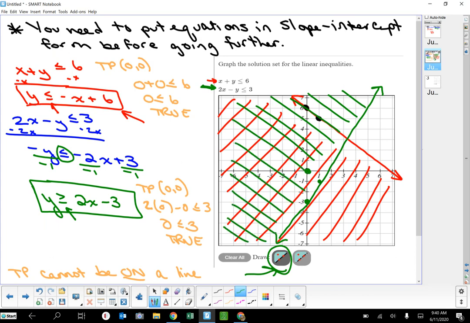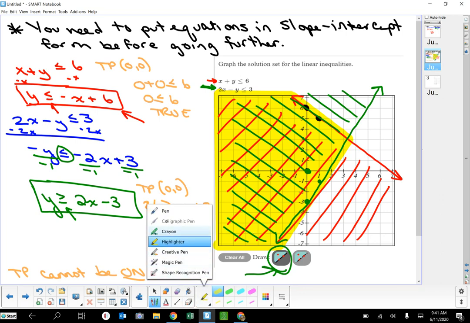And then what is your solution is the overlapped area. So anything highlighted in red and green. So I'm going to go over that in a highlighter. So this would be the border of that highlighted section. And then I would come down, come up, come over. And this whole area in here would be highlighted and would be a solution, which means any point I pick in that area would satisfy both equations, right?